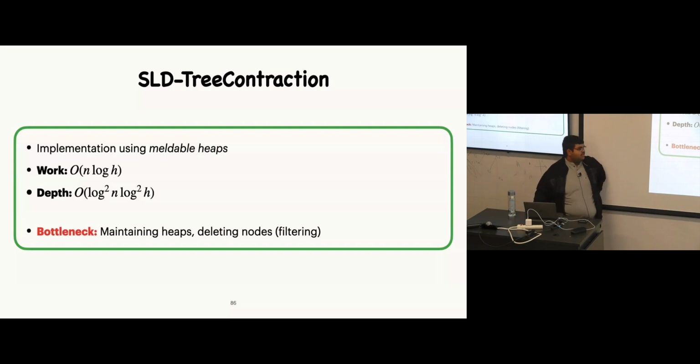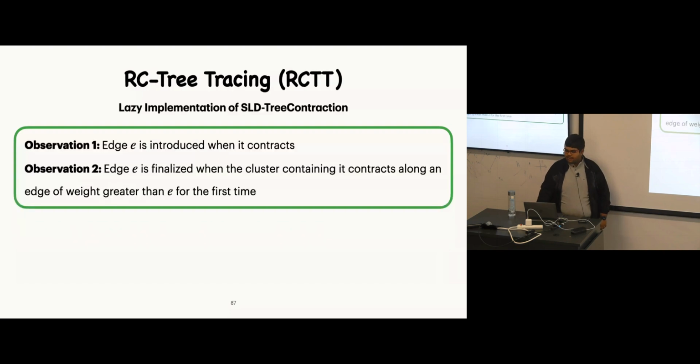And I guess the bottleneck is in maintaining the heaps and deleting nodes. So how do we get a practical algorithm? We get around that by using these two observations. If we look at the tree contraction process that we were seeing, an edge is introduced into some spine only when it contracts, right?